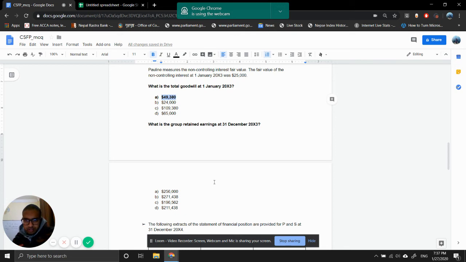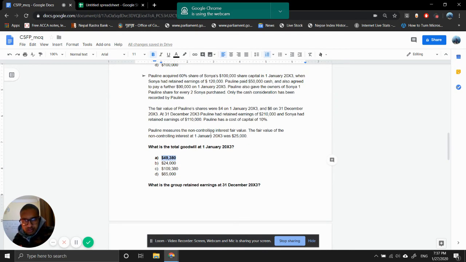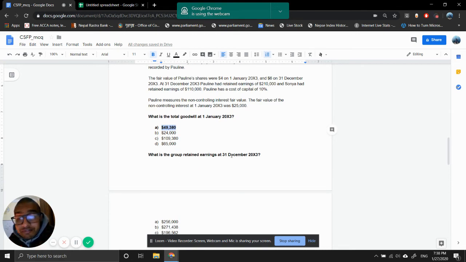What did we miss? Retained earnings, right? So Pauline had retained earnings of 120, and then after that the retained earnings decreased by 110, right? And then after that the cost of capital is 10,000. So it's saying at 31st December.